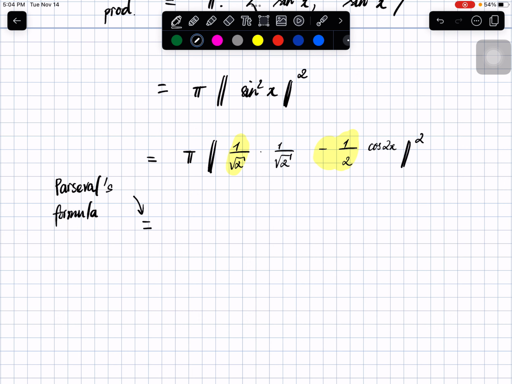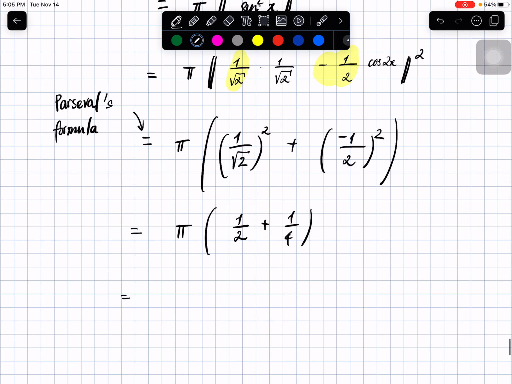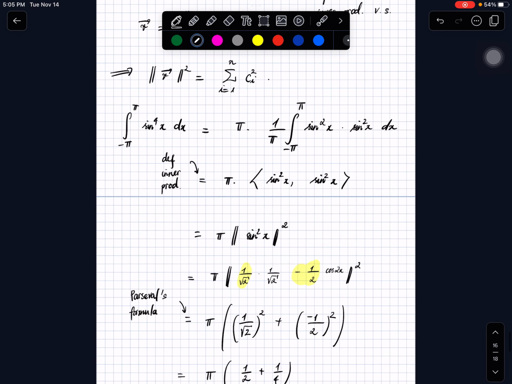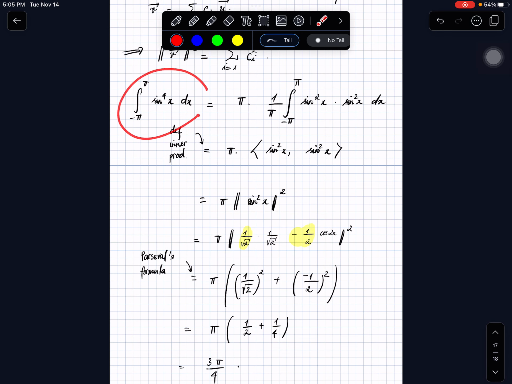This gives us pi times 1 over root 2 square plus minus 1 over 2 square. So this gives us 1 over 2 plus 1 over 4, so 3 pi over 4. So here is how we use the Parseval formula to compute the integral of this function.